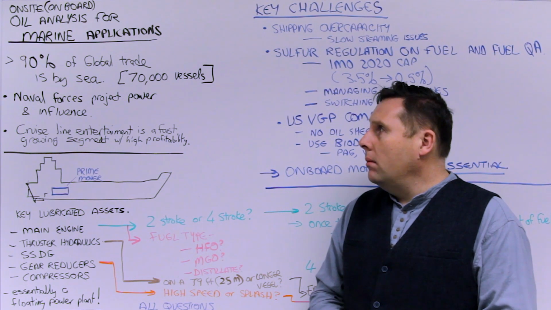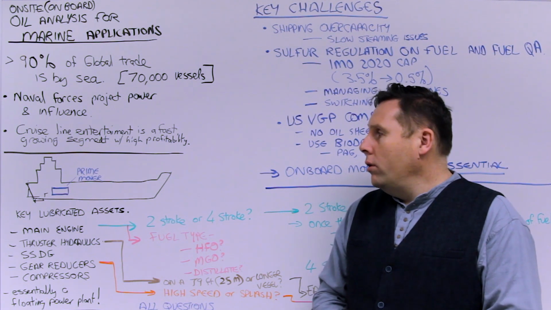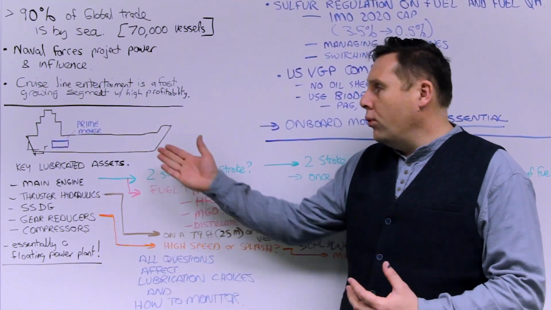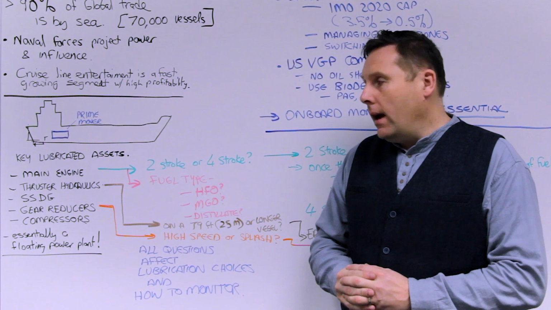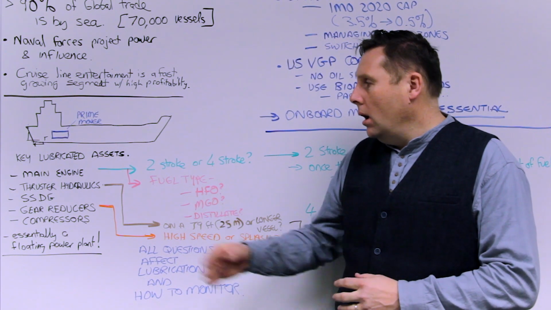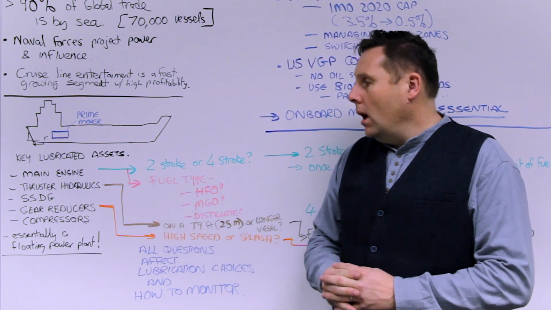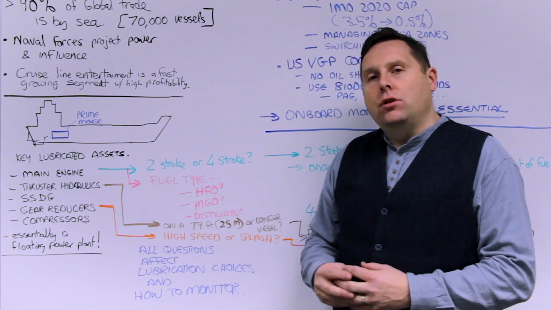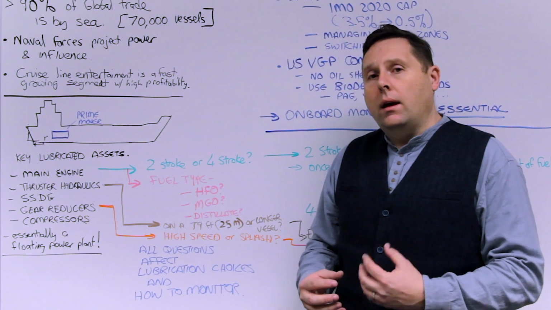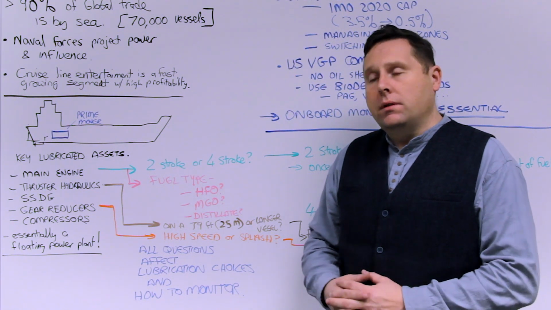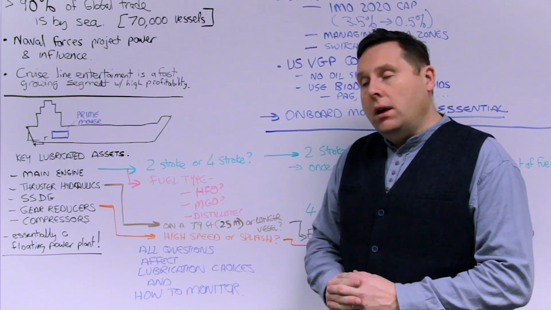In any marine application, you've essentially got a prime mover, which is the main engine. But you have other key lubricated assets on board as well. You have thruster hydraulics. You always have to have backup generation for power. These are often known in the naval industry as SSDGs, or ship service diesel generators. You have gear reducers.